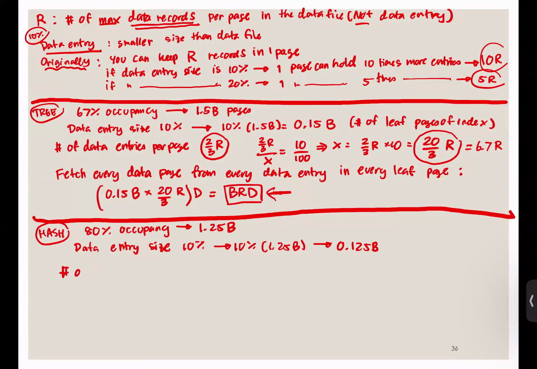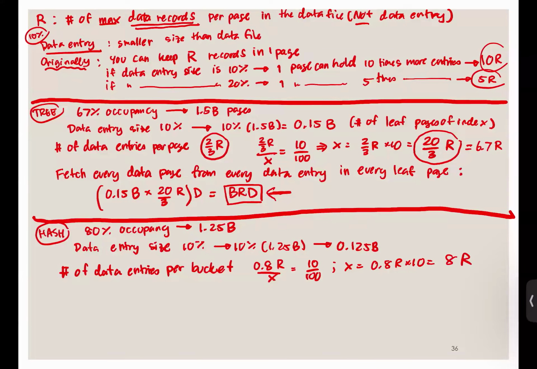So if you want to look at the number of data entries per bucket, or per page, if we want to take care of 80% occupancy, that's 8R. So instead of holding 10R as usual, we can only take 8R. But it's better than 6.7R because the occupancy rate is 80%, not 67%.